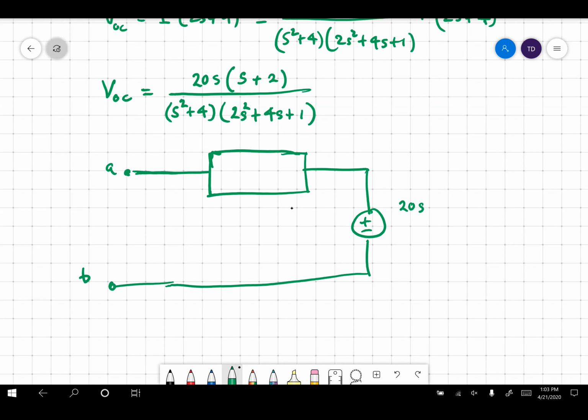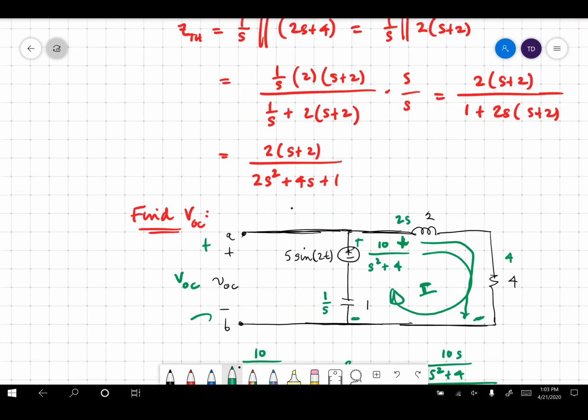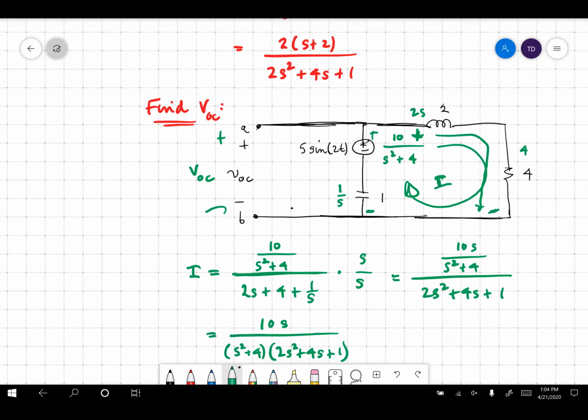This is 20S, S plus 2, divided by S squared plus 4, 2S squared plus 4S plus 1. And the impedance was, I'll pull that back to get the impedance, because I don't remember it. Right there, 2 times S plus 2, divided by 2S squared plus 4S plus 1.